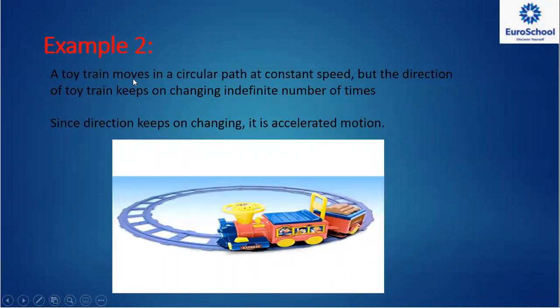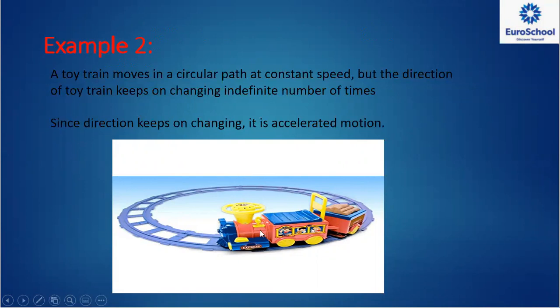A toy train, you would have definitely seen a toy train. A toy train moves in a circular path at constant speed. Whenever you give it a key, it moves in a circular path at a constant speed. But the direction of the toy train will keep on changing an indefinite number of times.